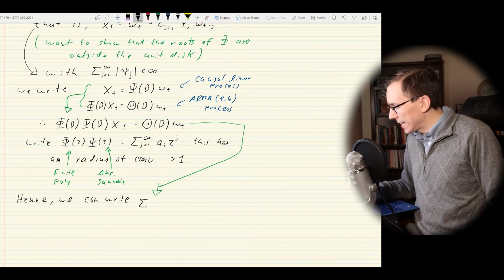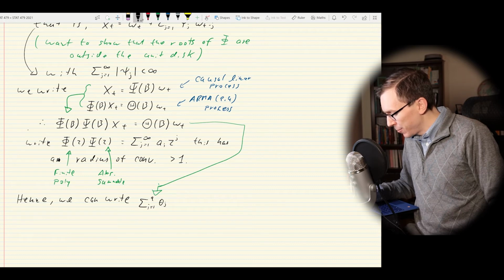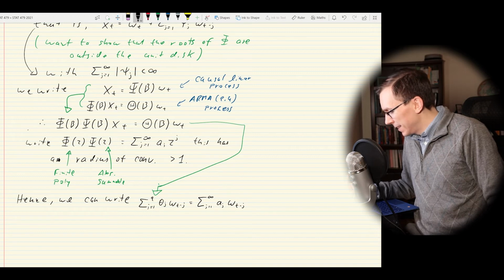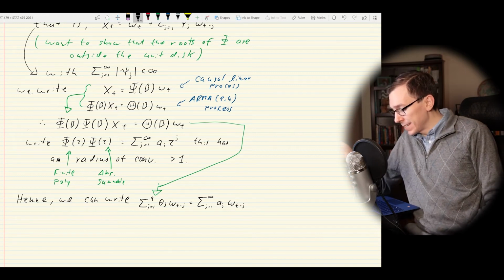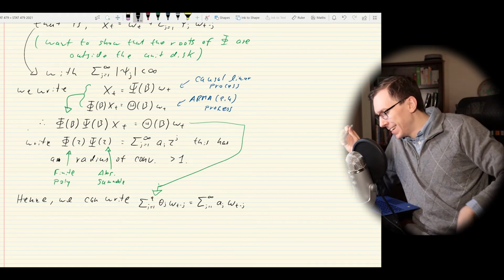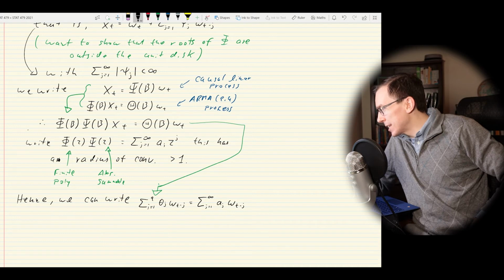Hence, what we can do is write this as the sum j from 1 to q of theta j wt minus j, and we set that equal to the sum j from 1 to infinity of aj wt minus j, because that's just that equation up above that the big green arrow snakes around to. And what it's telling me is that I have two different series in terms of white noise, and they are both equal to each other.